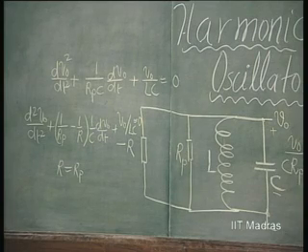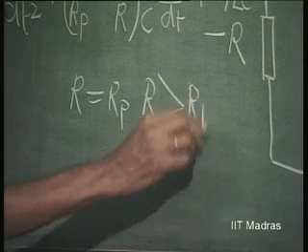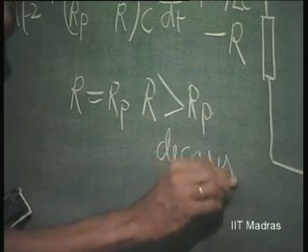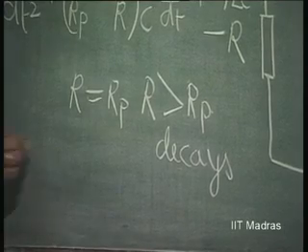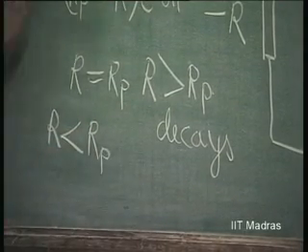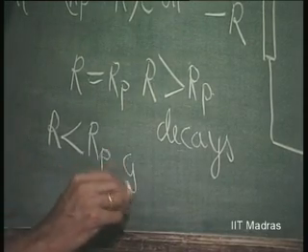You notice that if R is greater than Rp, the oscillation decays. If R is less than Rp, oscillation grows.